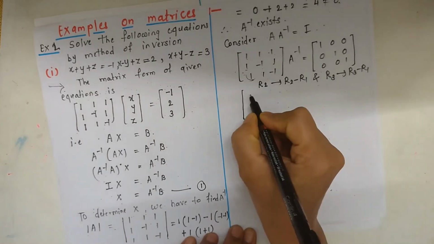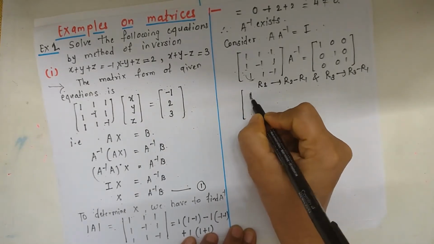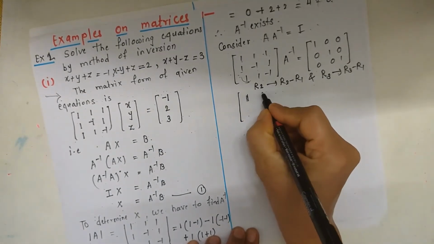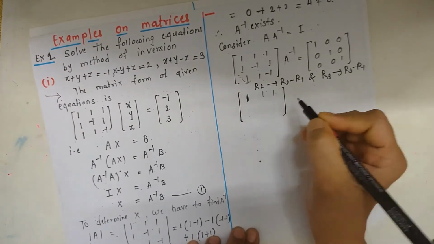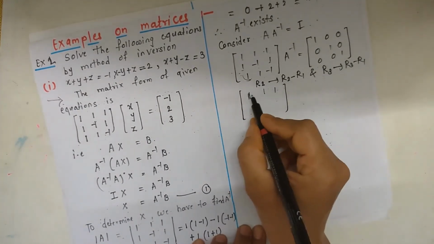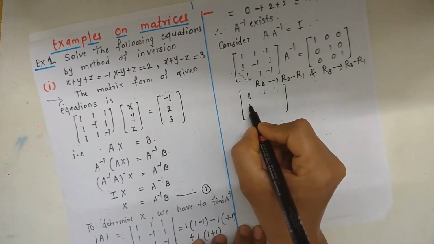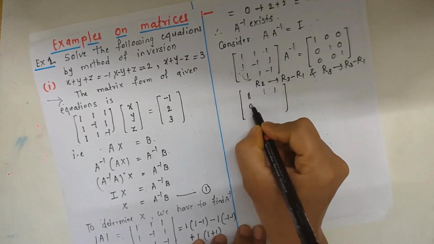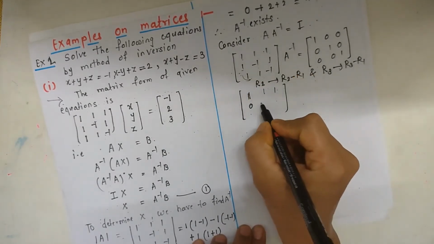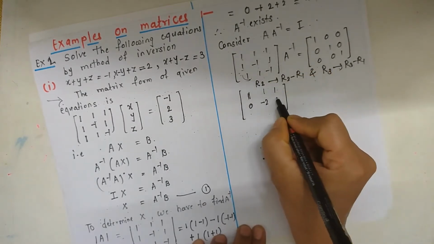Applying these two transformations on R2 and R3, we get the first row as it is, and applying R2 minus R1 on R2 element: 1 minus 1 is 0, minus 1 minus 1 is minus 2, 1 minus 1, we get 0.